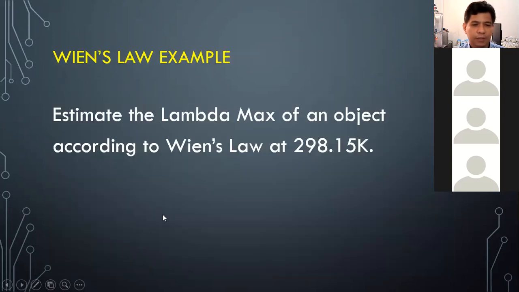So, let's try to solve this Wien's law example. It is to estimate the lambda max of an object according to Wien's law at 298.15. Basically, you just divide 2,890 by 298.15. So what is the lambda max at 298.15? I'm getting 9.69 micrometer.